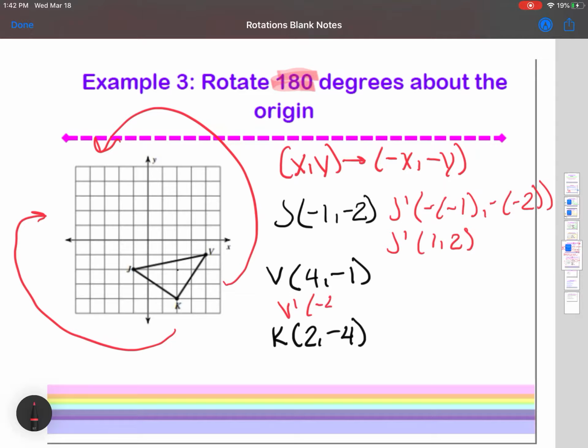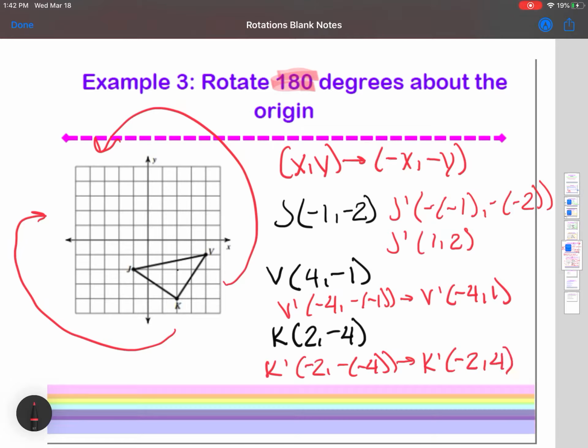Okay? V prime is negative of 4, negative of negative 1, or V prime is negative 4, positive 1. And K prime is negative 2, negative of negative 4, or K prime is negative 2, positive 4.